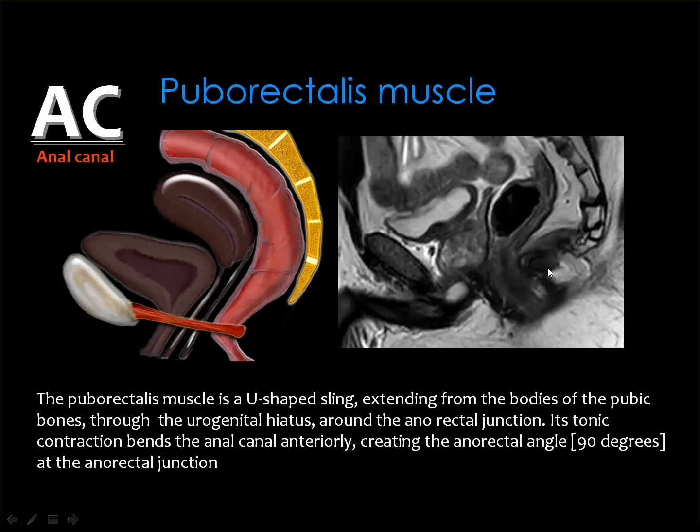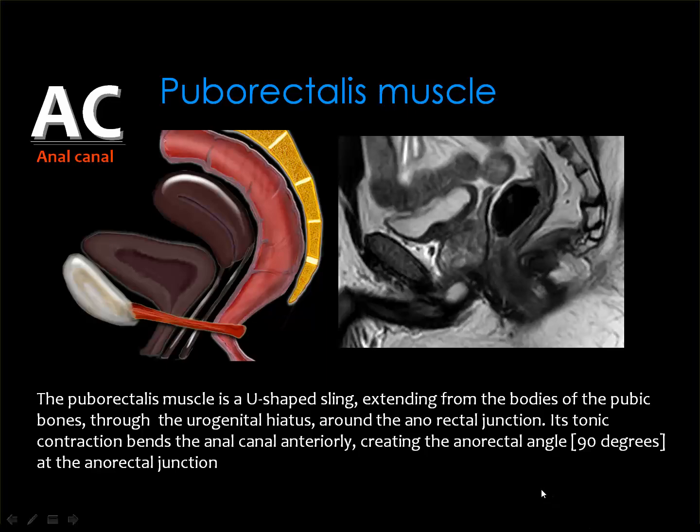Then if you look carefully, you can also see these skeletal muscles which represent the external anal sphincter, and above the puborectalis, you see this muscle curving towards the sacrum, and this is the levator ani muscle.